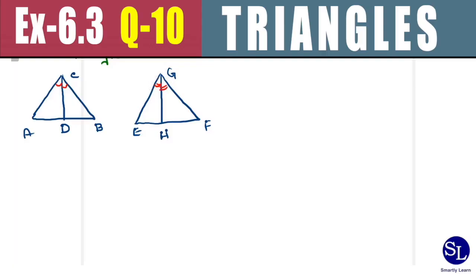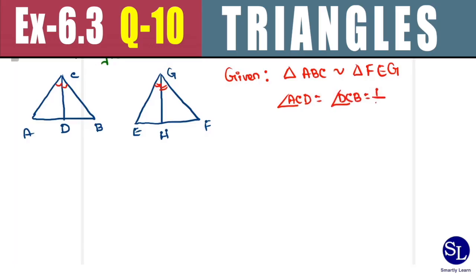Now let's list the given so we can go on with the proof. What was given to us is triangle ABC is similar to triangle FEG. The next thing, angle ACD is equal to angle DCB, which is equal to half of angle ACB.